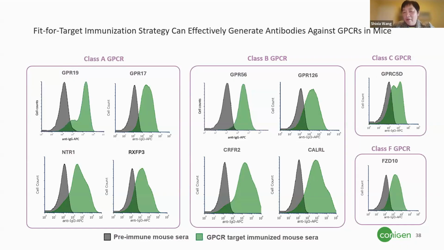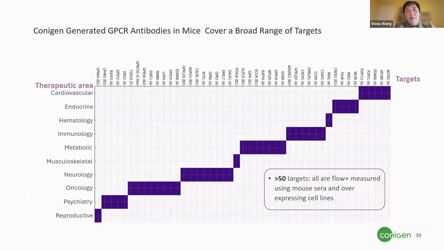This is a very good sign for the next step to develop monoclonal antibodies. This is the slide I showed earlier to show the broad range of GPCR targets. We have generated antibodies that can bind to the cell surface.